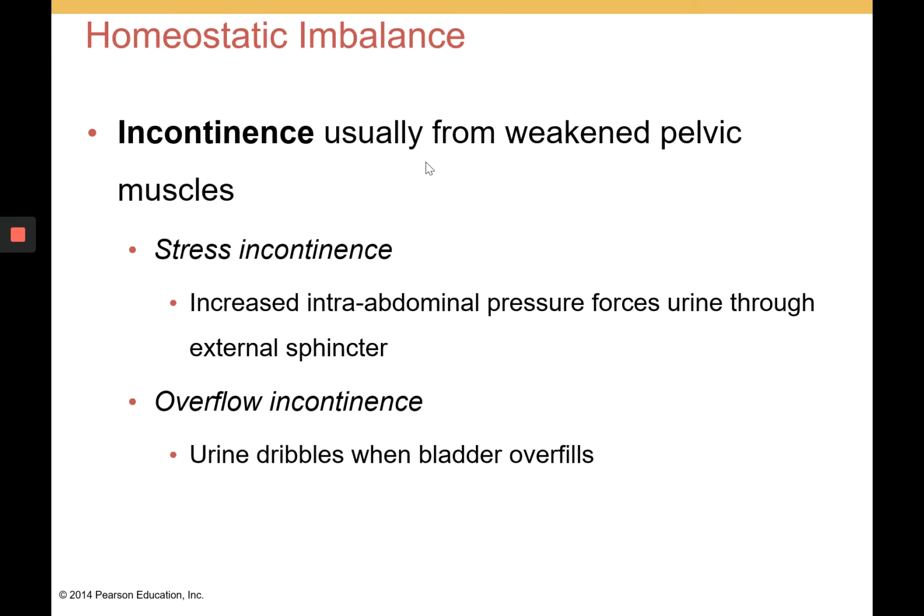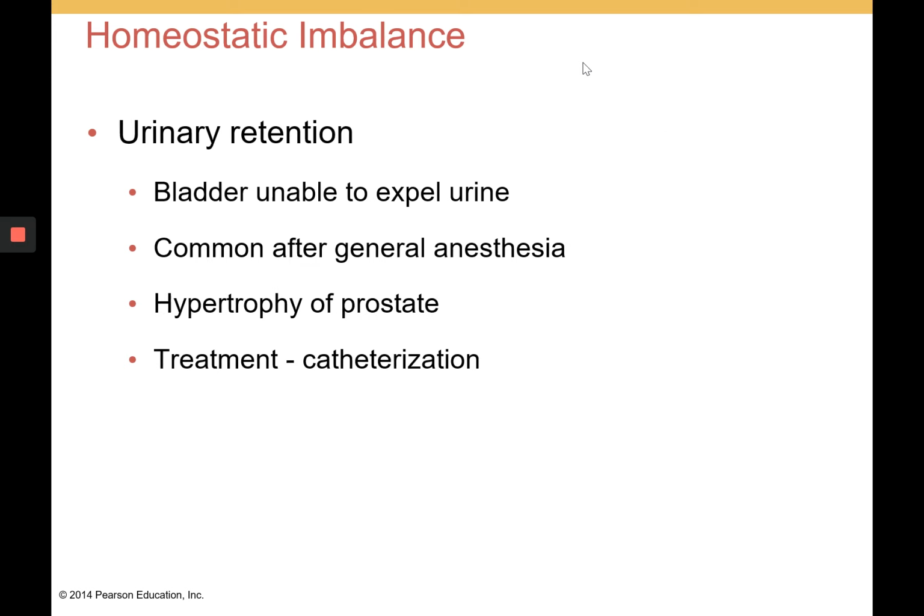A homeostatic imbalance we'll mention briefly is incontinence, which is usually from weakened pelvic muscles or stress incontinence that puts pressure on the abdominal walls, and it can also force urine through the external sphincter. That would be stress incontinence, or overflow incontinence is when urine dribbles when the bladder overfills. So if you're just holding urine too long while finding a bathroom, that can cause overflow incontinence.